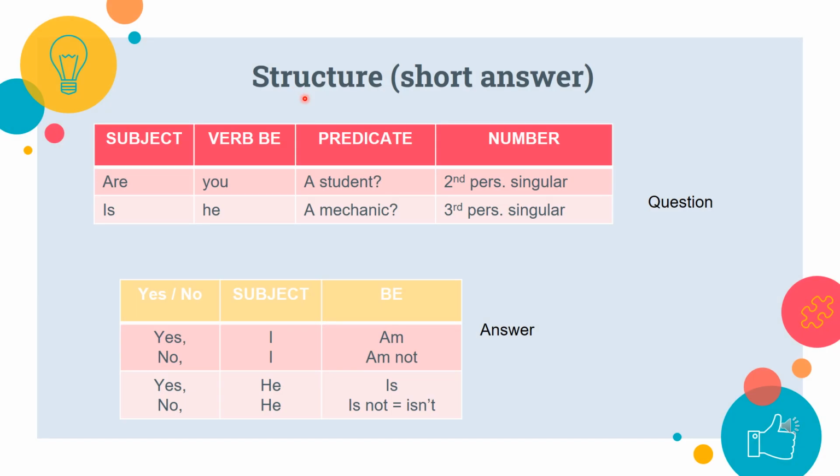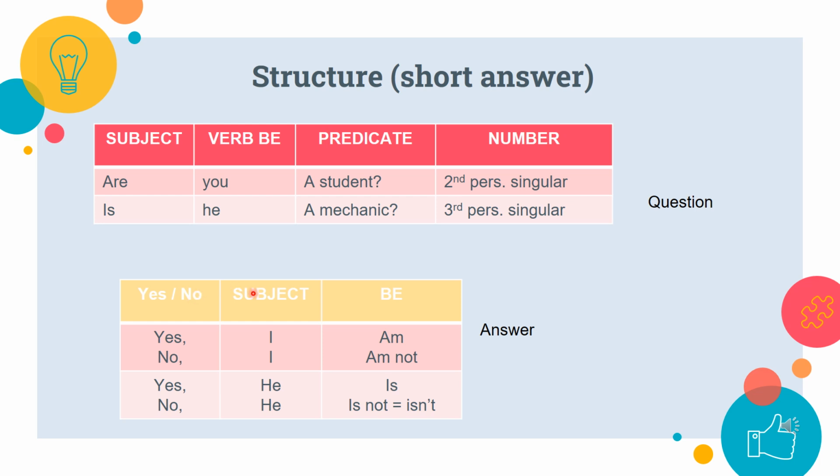Now, how to answer the question. We have here, are you a student? Is he a mechanic? How do we respond? We respond with yes or no, if it's affirmative or negative.